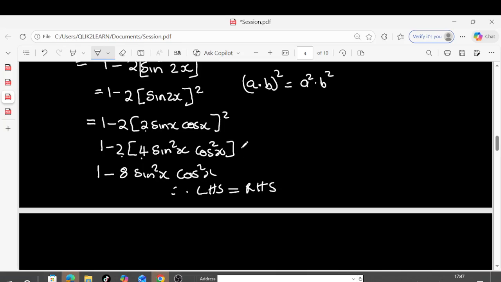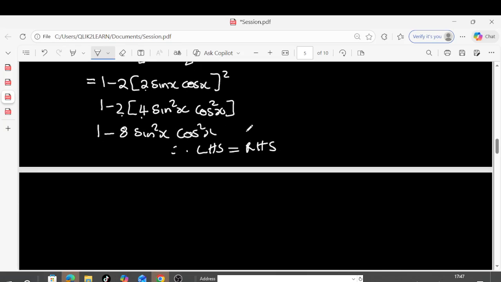Are you all happy with that? Guys, if we can increase the brightness, we'll be able to see properly. But let me see, do you guys have any questions?